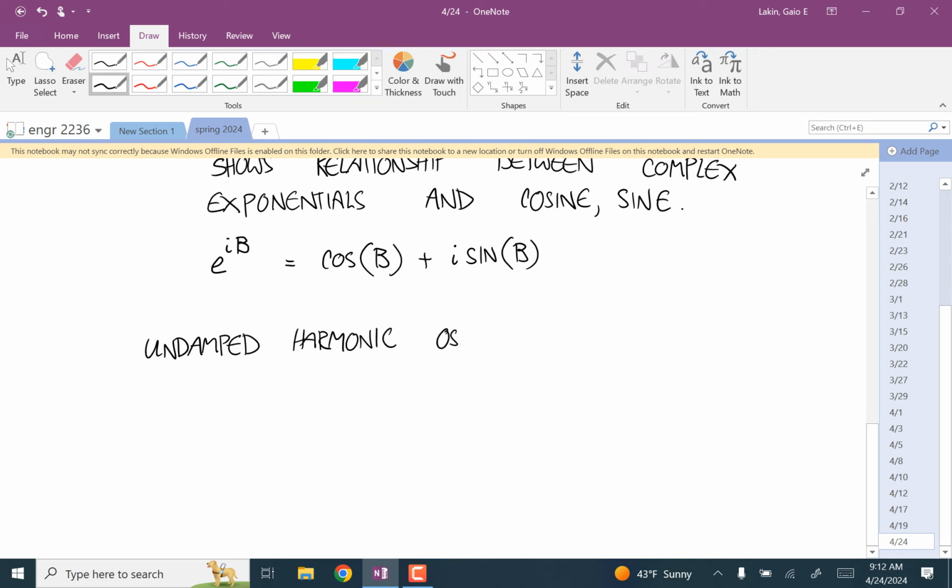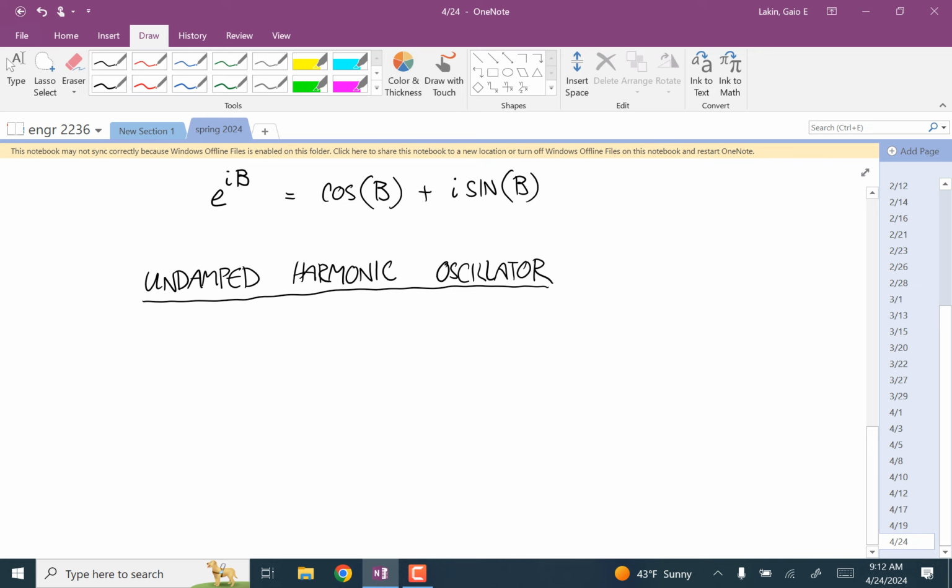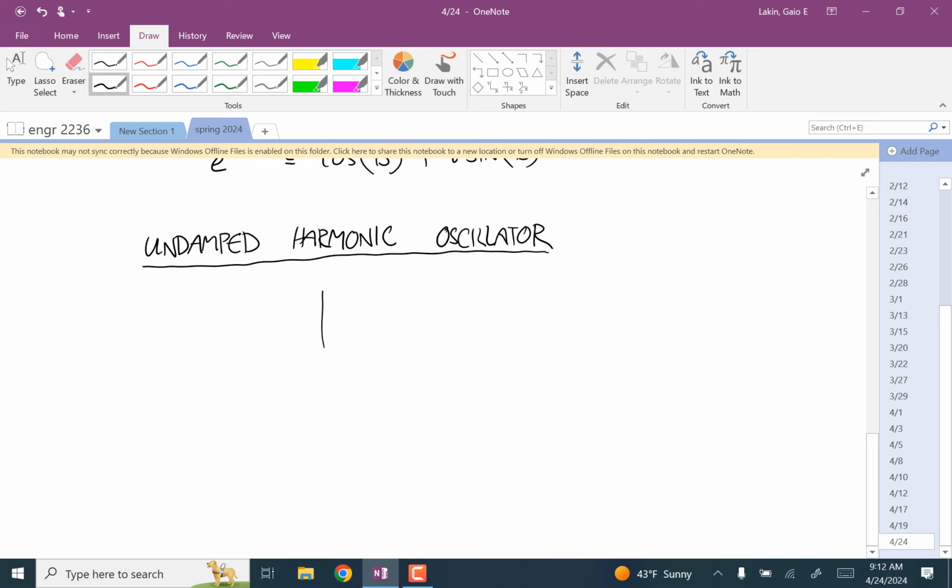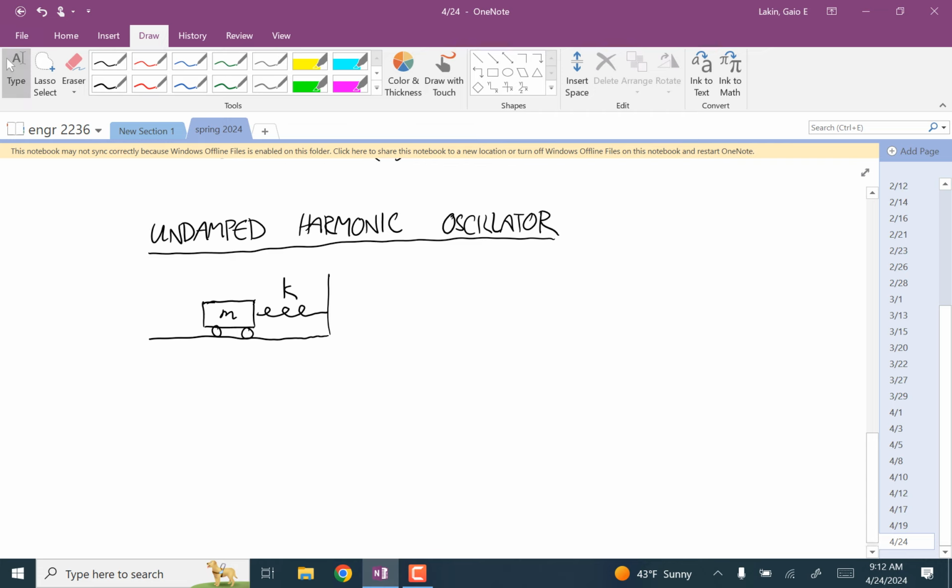So an undamped harmonic oscillator. You have this cart with a mass M, and you have a spring with a spring constant K. And we want to figure out what the motion of this is going to look like.